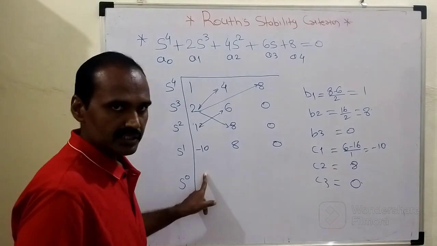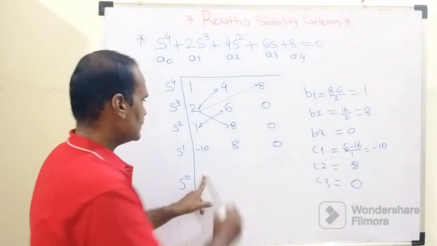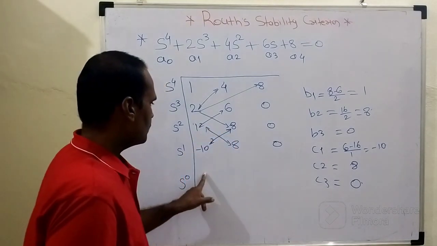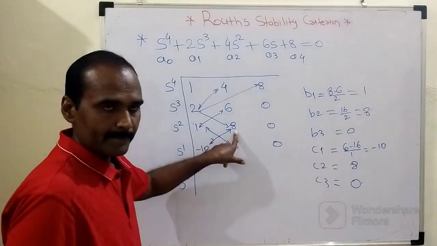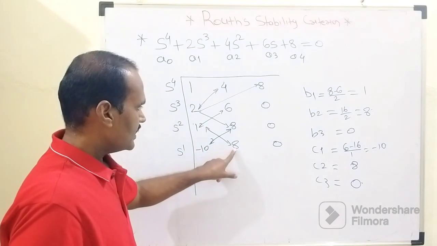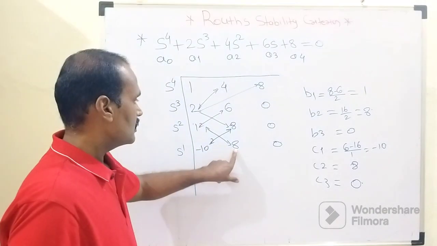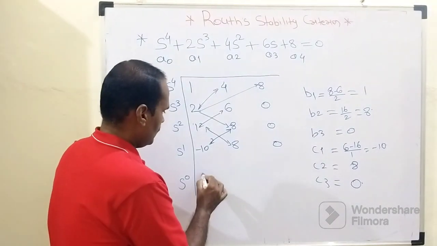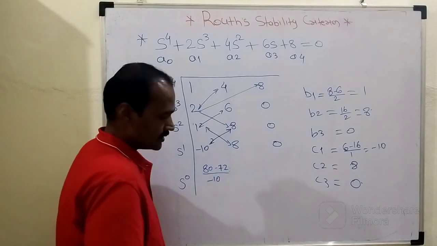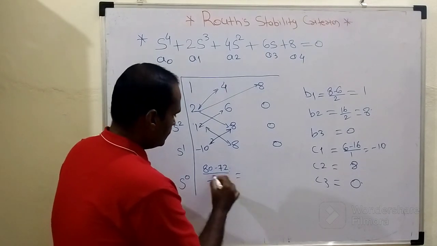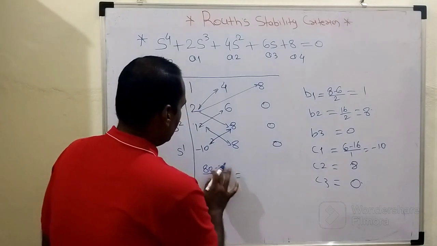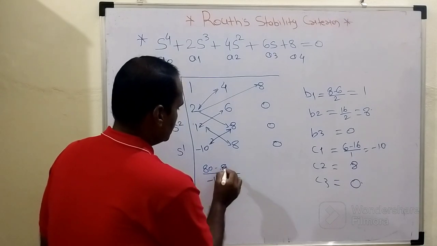As far as the last element is concerned, the previous two rows are used along with cross multiplication. So it will become minus 10 into 8, minus 10 8s are 80, minus 8 into... cross multiplication is 8.